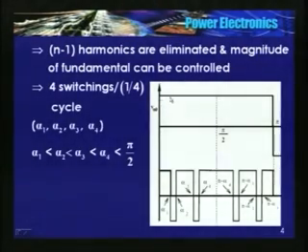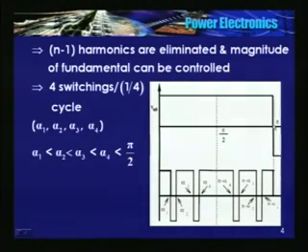See, this is a pole voltage waveform of a square wave inverter. I am creating 4 notches, I am switching at 4 different places at alpha 1, alpha 2, alpha 3 and alpha 4. Pi by 2 is here per quarter cycle.